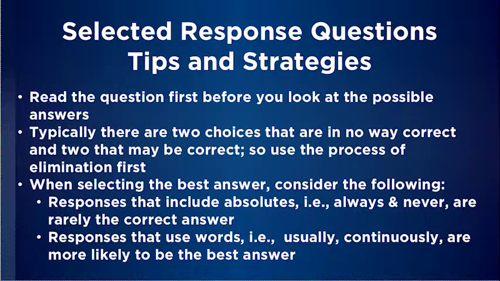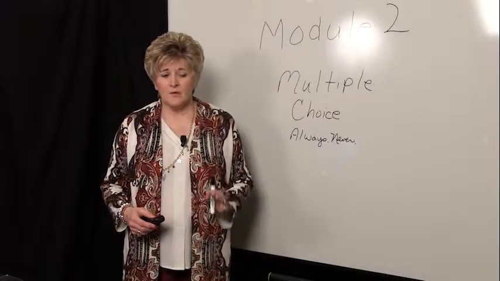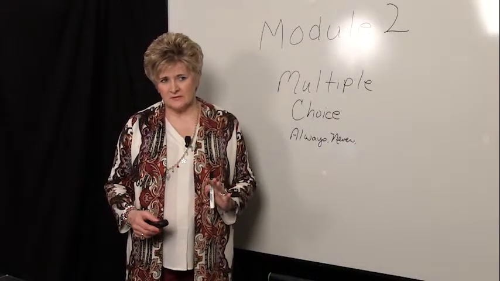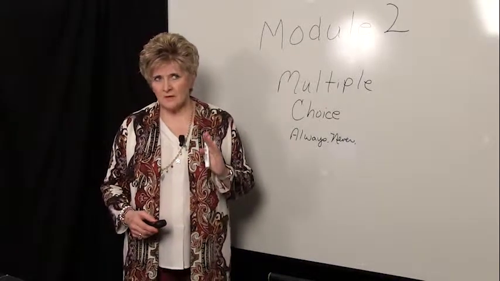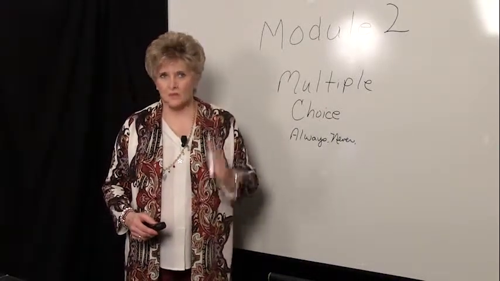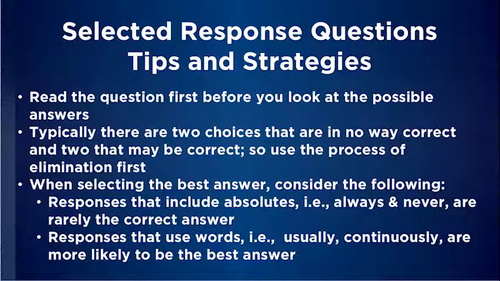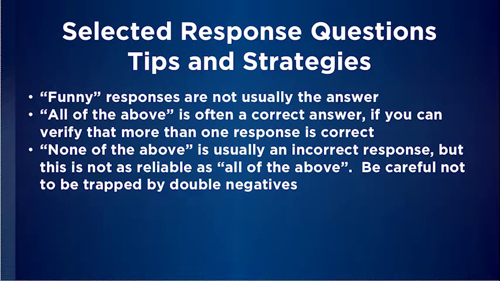Those are not absolutes. If you have an absolute in your answer, it is rarely the correct answer. Responses that use usually, continuously, just as I talked about, are more likely to be the best answer.